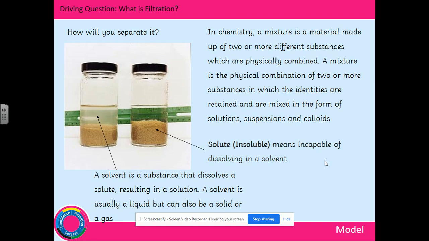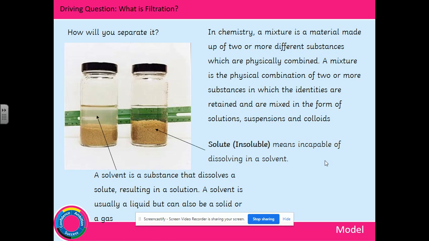Now, in this case, would this be a solution or just a mere mixture? Can you have a guess? Would this be a mixture or a solution? Definitely, I can hear you guys thinking it. This is definitely a mixture. Why isn't it a solution? Because the sand is insoluble. It did not dissolve. So it remains as a mixture.